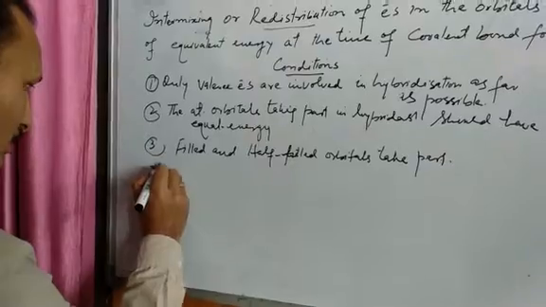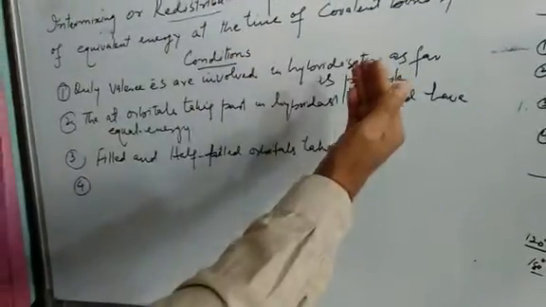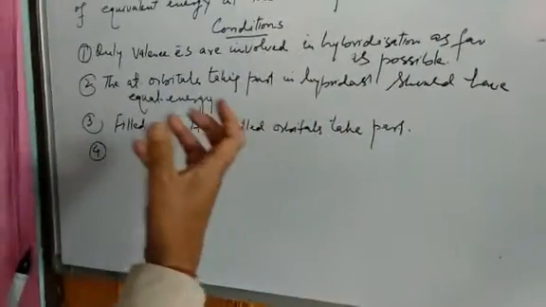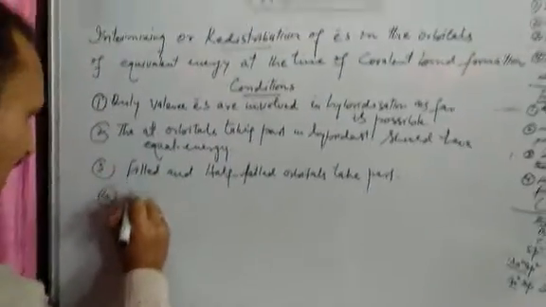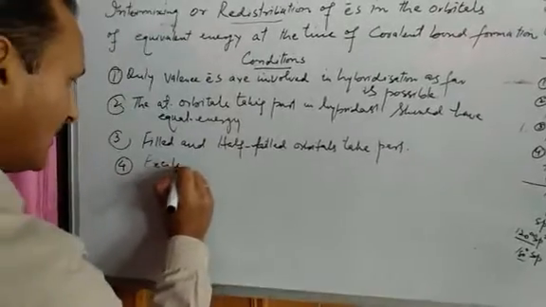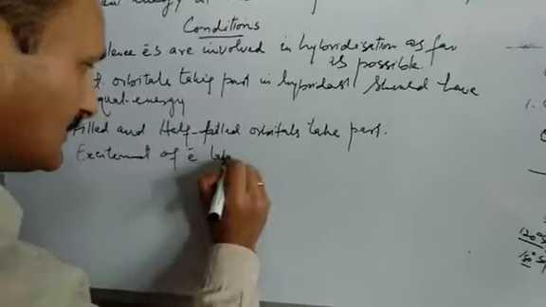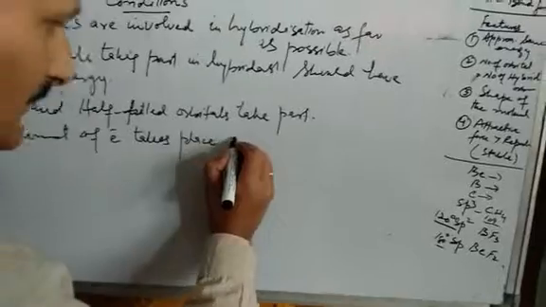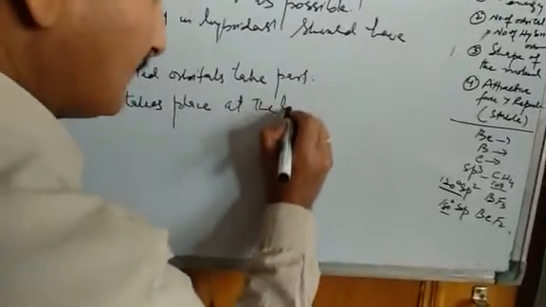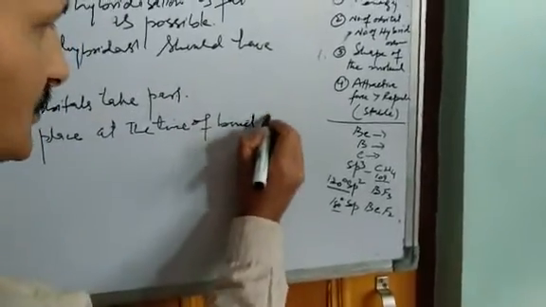And then one more condition is that promotion, meaning when an electron jumps from one orbital to another so that an excited state is formed, should take place only at the time of bond formation. That means excitement of the electron takes place only at the time of bond formation. These are some of the conditions necessary for hybridization.